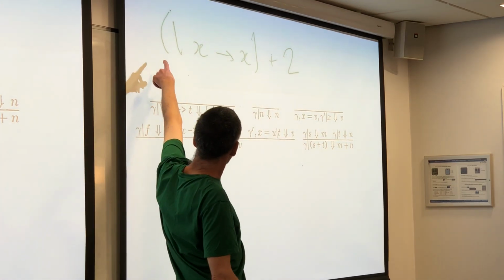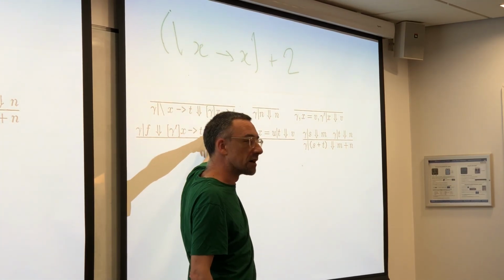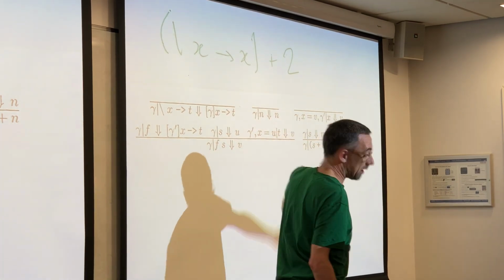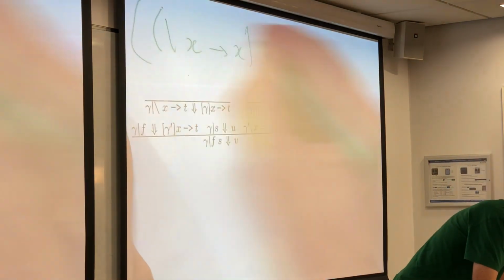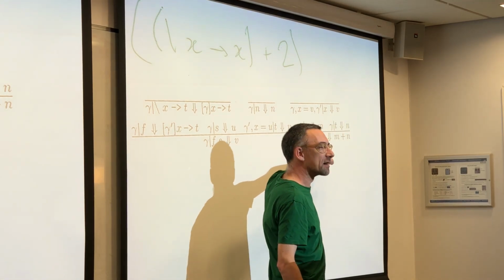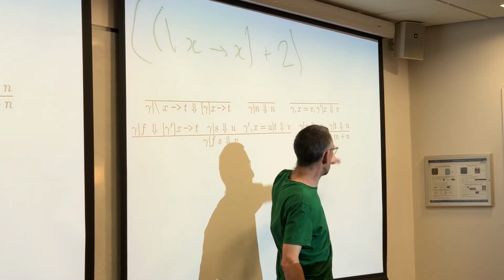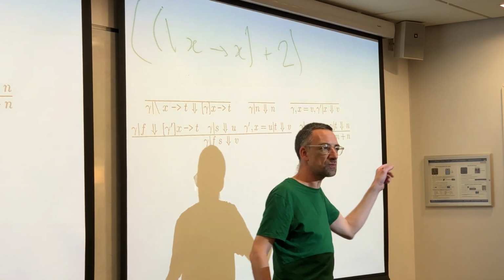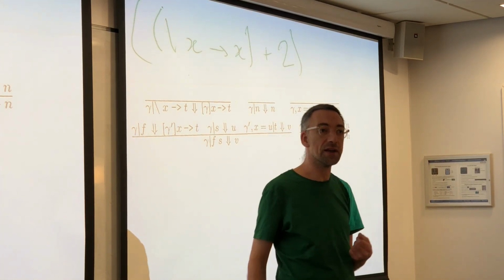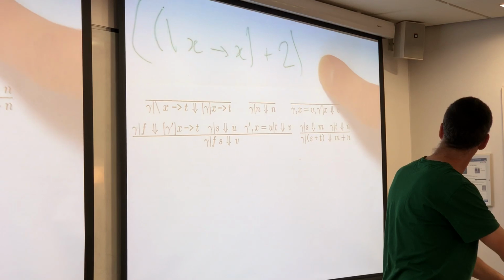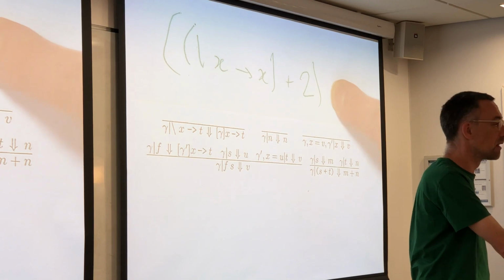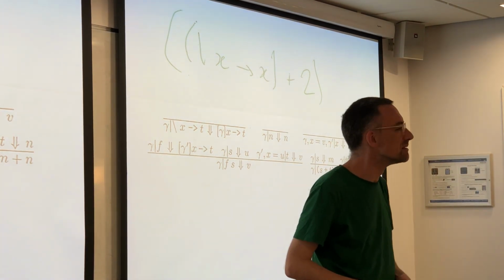Well, the lambda term would evaluate to a closure, and 2 would evaluate to 2. And then we'd get stuck because we wouldn't have a number here, so we wouldn't be able to apply this rule. So we wouldn't be able to say what the value of this expression is. According to the rules, this doesn't evaluate to anything, which is probably just as well in some sense.